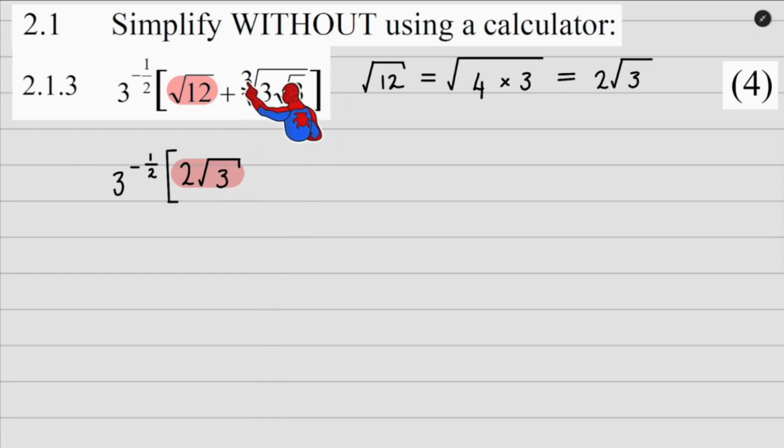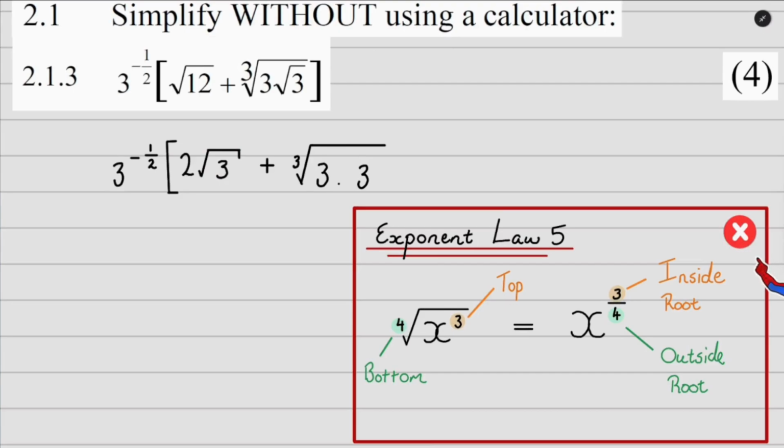Now over here, I'm going to leave this cube root and I'm going to change this square root with exponent law 5. So basically, if I have a surd, I can convert it into x to the power of a fraction. So this number here goes on top. If there's no number there, we assume it's a 1. And then this number here goes at the bottom.